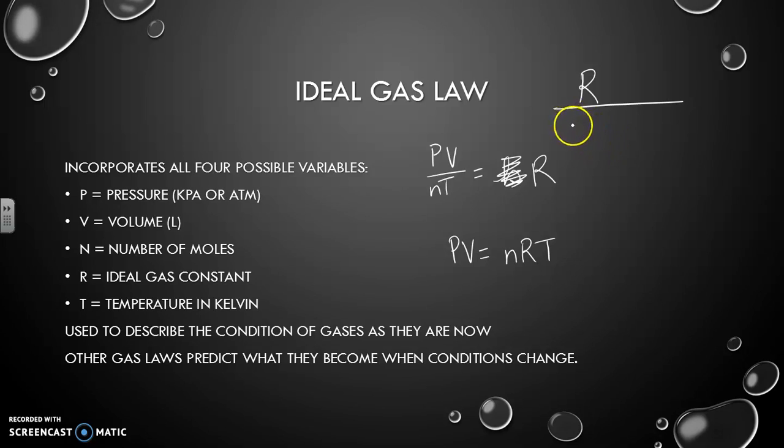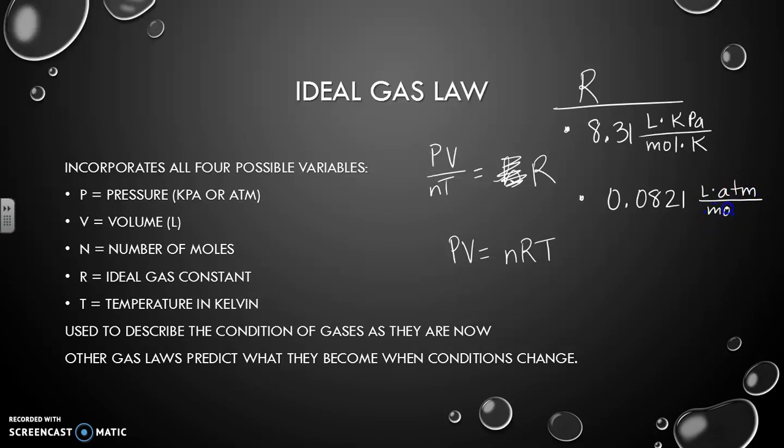If you have your pressure in kPa, then the value of R will be 8.31, and your units would be liters times kPa divided by moles times Kelvin, because R is equal to PV over nT. What if we had our pressure in units of atmosphere? Then we would use 0.0821 liters times atm over moles times Kelvin.